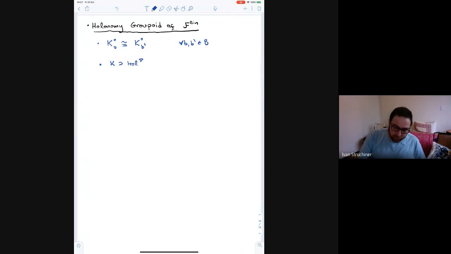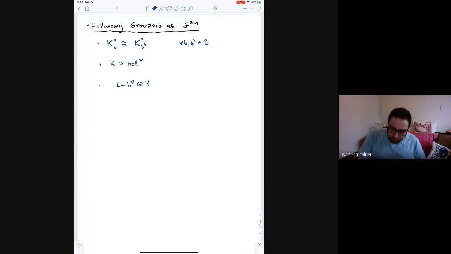You can use this to create a distribution: you take the horizontal lift with respect to this connection, and you take the direct sum with this vertical part, which is just the Lie algebra of these groups.